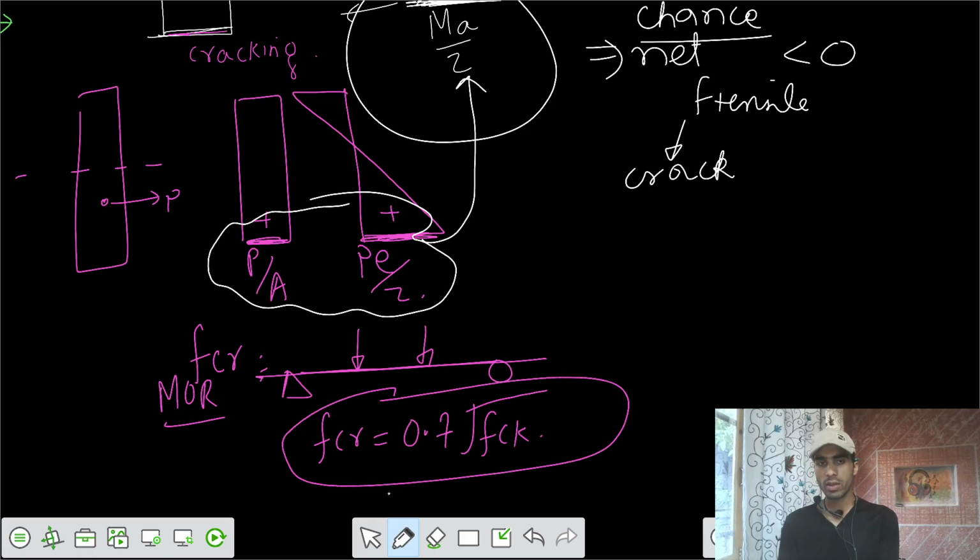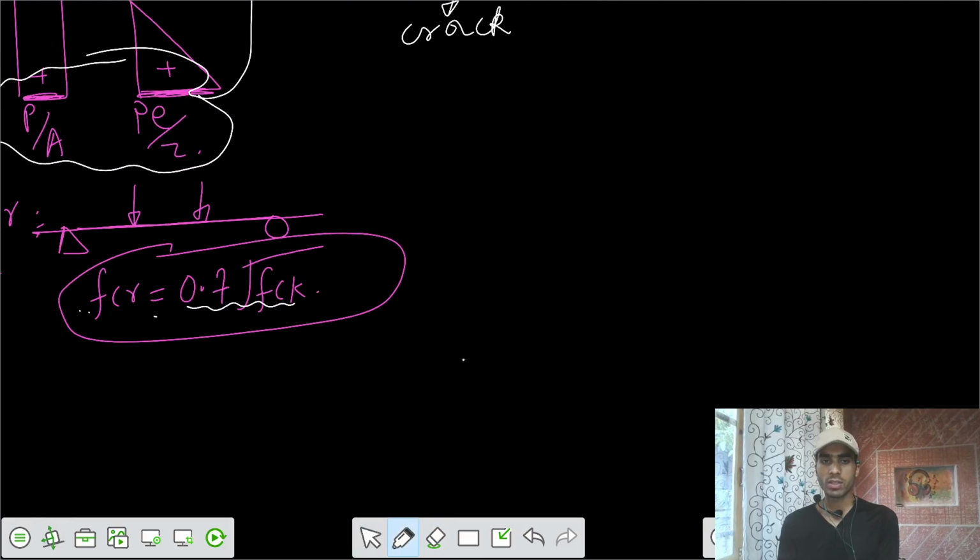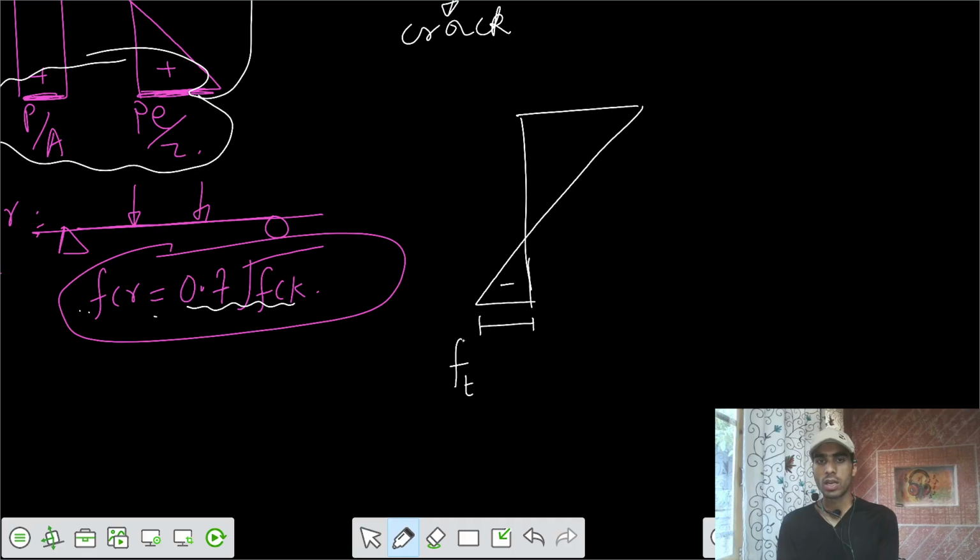So we have to say that your tensile stresses should be less than this value. That means if you allow this much amount of stress in the tensile zone, your cracking might not get developed. So this is, I would say, the critical condition for that tensile stress: your tensile stresses should not be more than fcr in terms of magnitude.